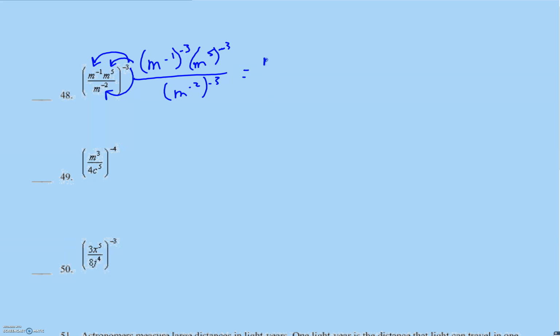Power to a power means we multiply our exponents. Positive 3, negative 15, positive 6. Multiplying powers with the same base means we add our exponents. So negative 12.